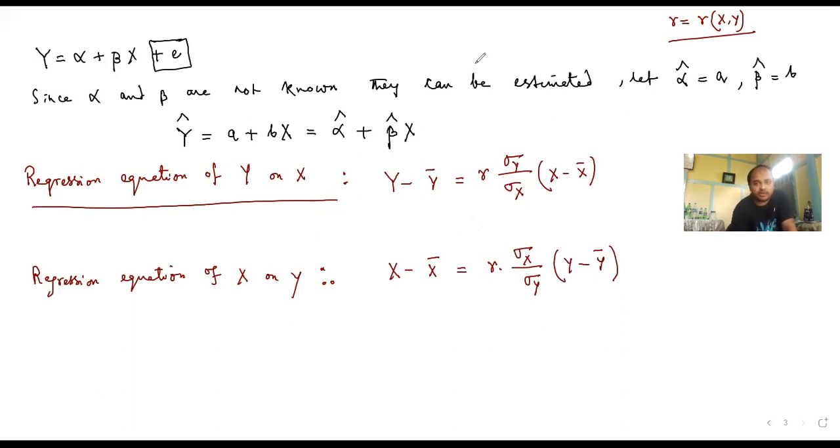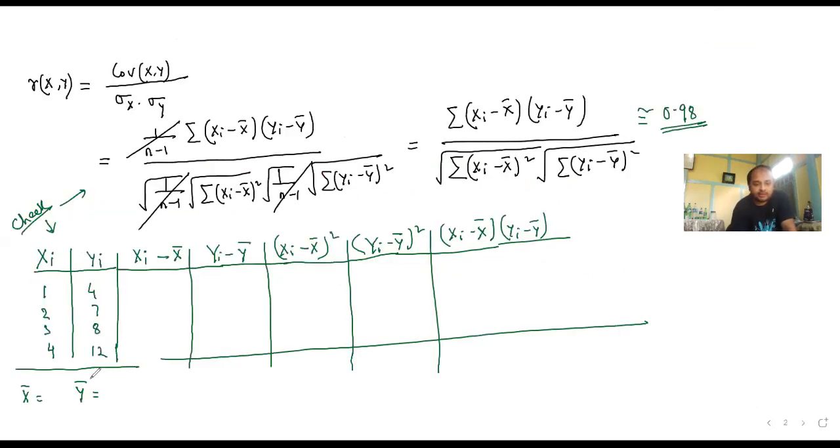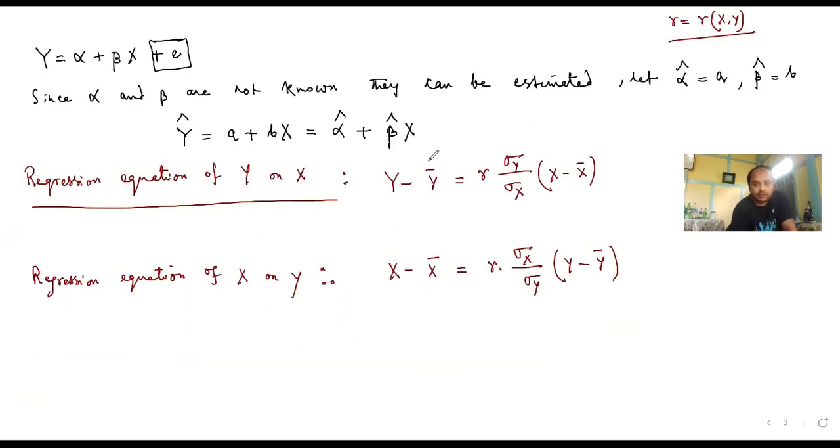So now you can substitute the values. You have already calculated the values of y bar and x bar from here, and we have the value of the correlation coefficient. You substitute the value of y bar from the chart, calculate sigma y and sigma x from the chart, and substitute the value of x bar.